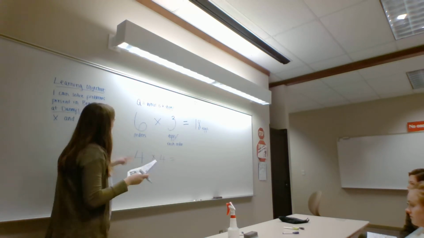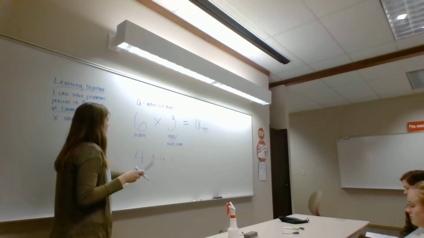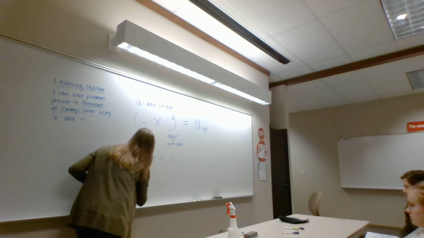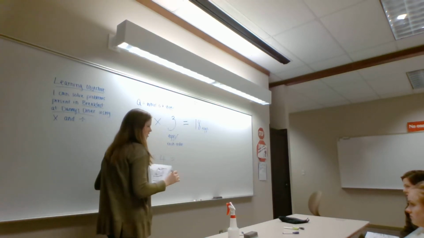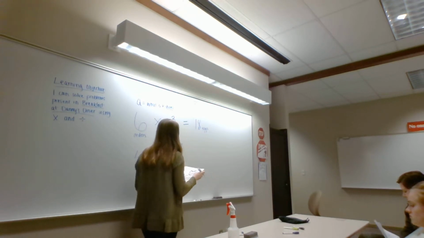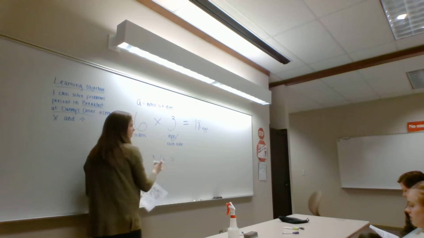Okay. So we have 4. What's the unit of measurement for this one? Sausages. Okay. That's a lot of sausages for one order of breakfast, huh? And what do you think the unit, which is what we label the number as, would be for this number?